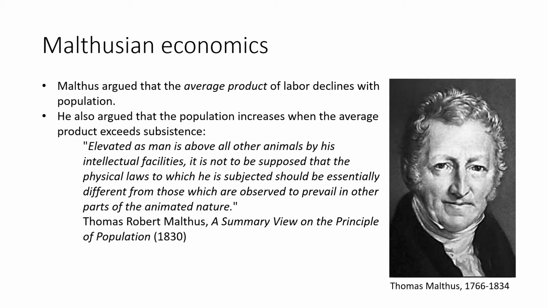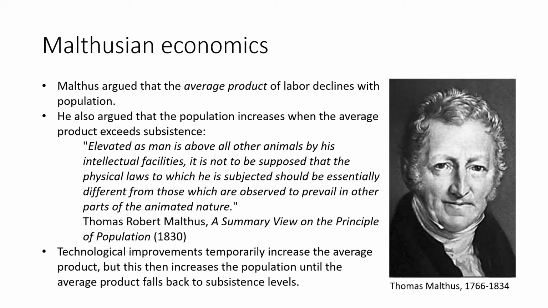You can take a look at his quote here, but essentially his statement is saying that once individuals have anything above their survival needs, they will begin to increase the population from there. So now you can think of the process of, you have all your food, your water, and your shelter, and you have a little extra income above that. And so now you may feel it's okay to have more children and so forth, and this would increase the population.